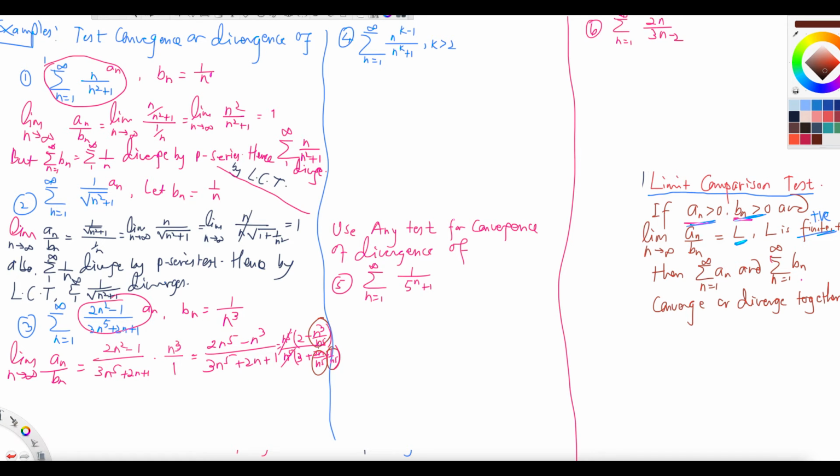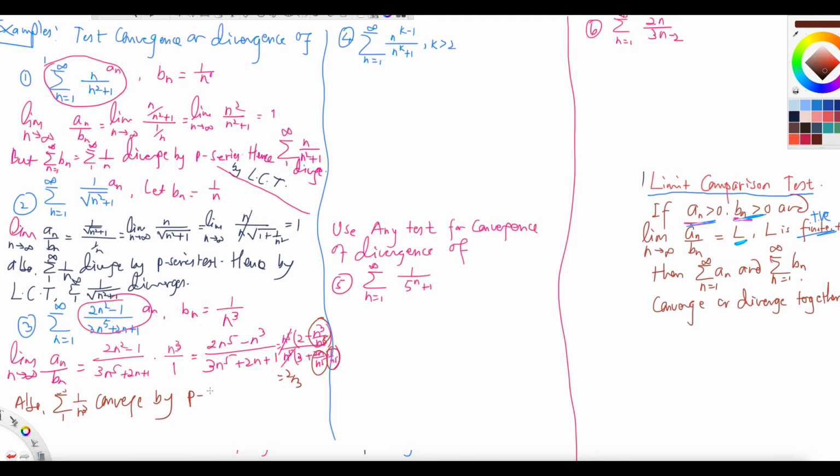Why? Because there is n to the 5 in the denominator, and there is n to the cube in the numerator. So if you divide, you will get 1 over n square. So when n tends to infinity, that term goes to 0. So basically what we got is 2/3, which is finite and positive. Also, the summation of bn from 1 through infinity of 1 over n cube converges by the p series, because p is greater than 1.